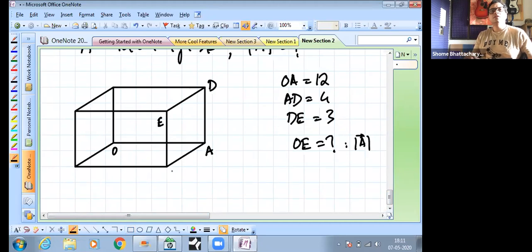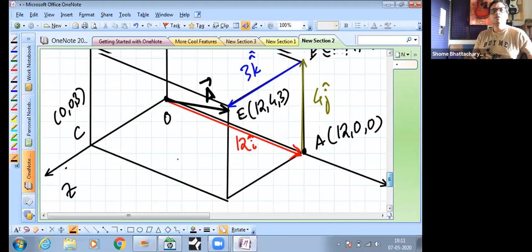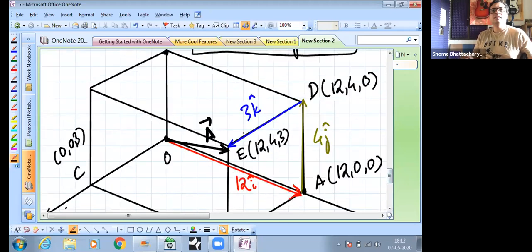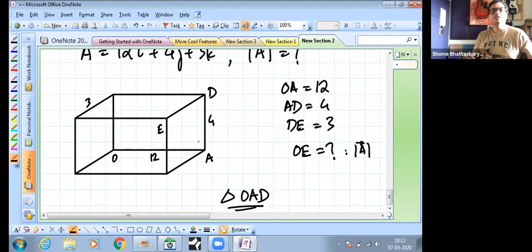So right now just concentrate on this. So I know that this side is 12, this side is 4, and later I'll show you that this side is 3. Okay. Now in this diagram, just pick up triangle OAD. From this diagram, which is the same as the diagram above, but just seeing it from a different angle. So join these 3 points, O, A, and D, and make a triangle. So what kind of triangle will that be? That will be a right angle triangle because this angle is 90.